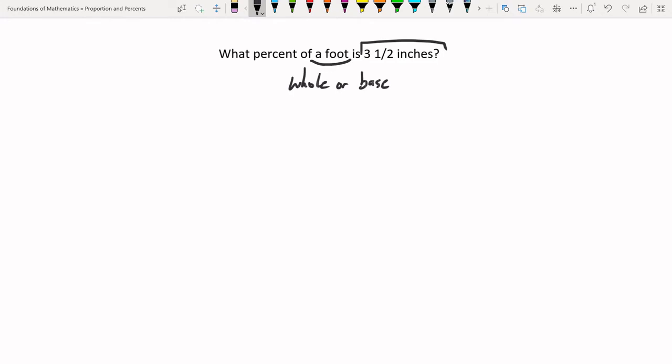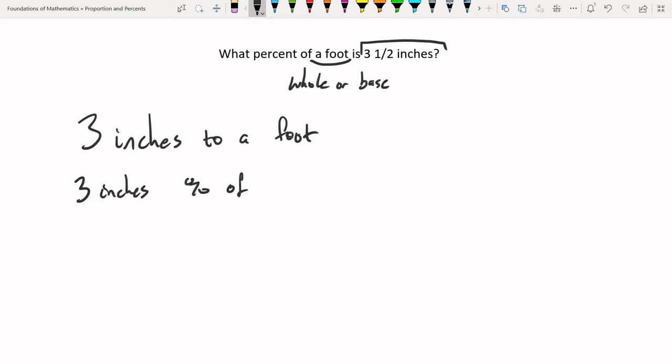Now, let's look at 3 inches to a foot. So 3 inches is what percentage of a foot? Well, we know a foot has 12 inches. So we're really asking 3 inches is a percentage of 12 inches. And of course, there are 4 3-inch portions in 12 inches. 3 times 4 is 12.